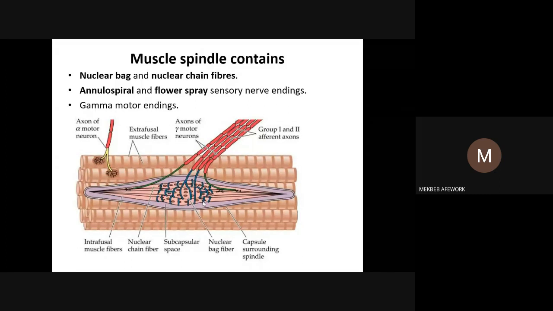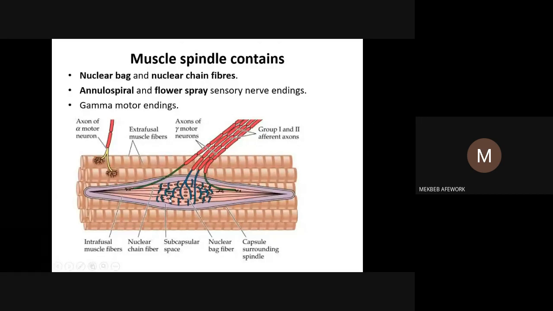And for this, the muscle cells are highly modified and have the following nature. One type of muscle fiber has its nuclei crowded like a bag in the center. We name this the nuclear bag fiber. A second group has its nuclei arranged in a chain. We name them nuclear chain fibers.